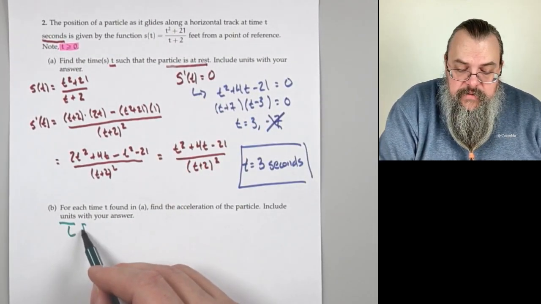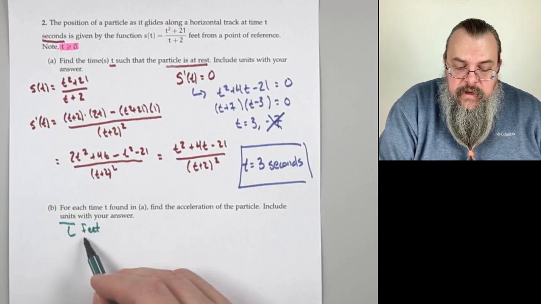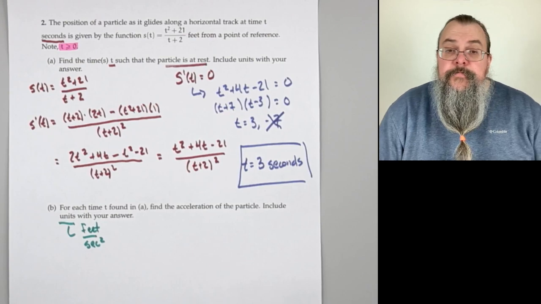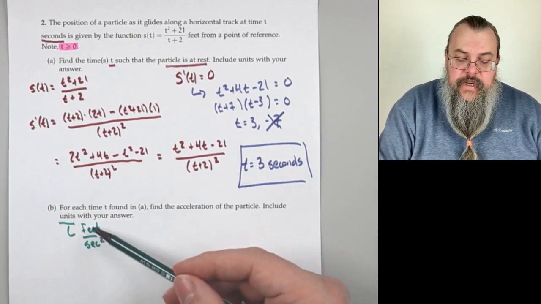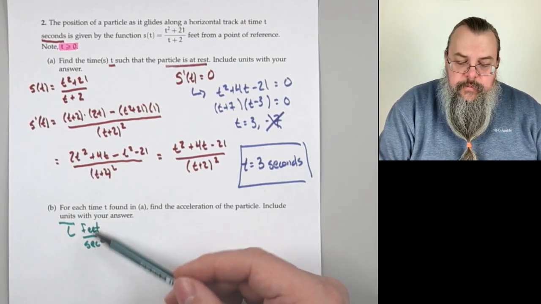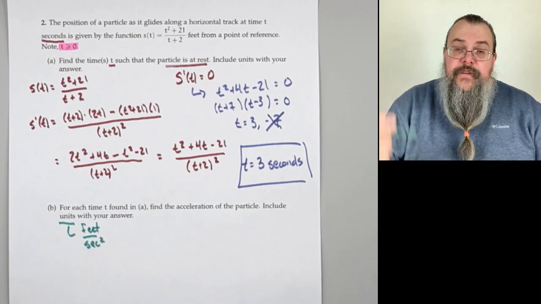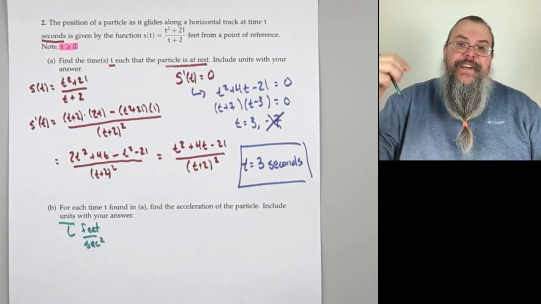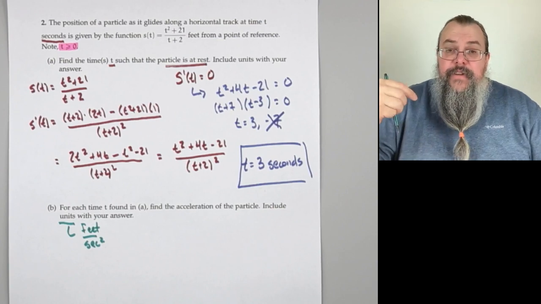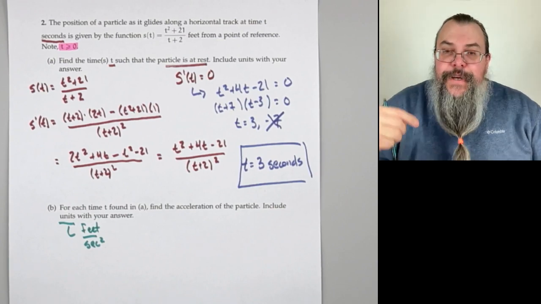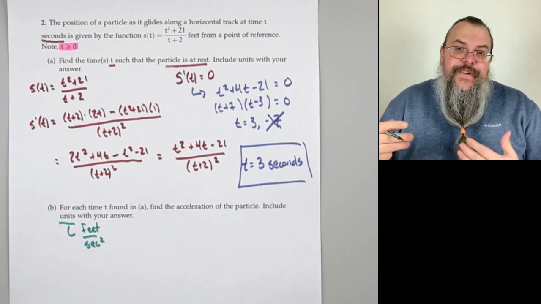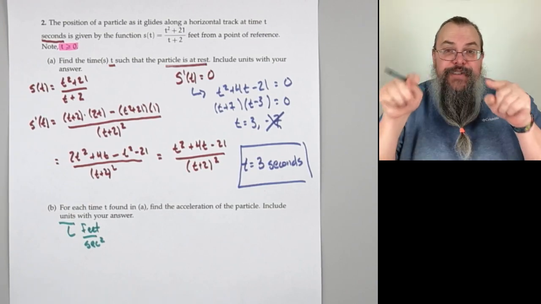And so it's going to be feet, and then it's going to be seconds squared, right? Because each time you take a derivative, you're really building up your denominator. So the first derivative, feet per second, that's your velocity. Then the derivative of velocity, acceleration, feet per second per second. Well, that becomes feet per second squared in terms of your units, although that sounds weird when you say, well, what is a square second?